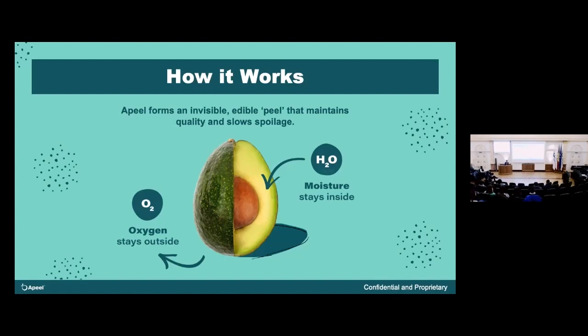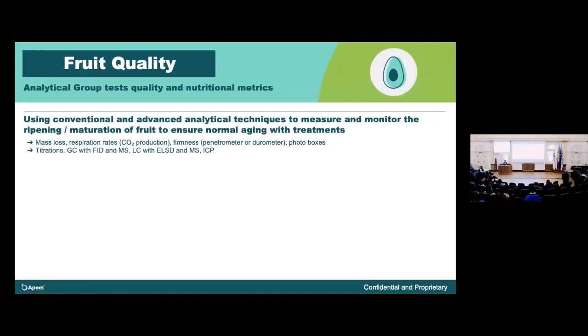But getting more into what we do in the analytical lab, we do all sorts of things. We span the entire business, going from our formulation development to our quality control, raw material, manufacturing release, that kind of thing, to how it works on produce. So fruit quality is really important to us.